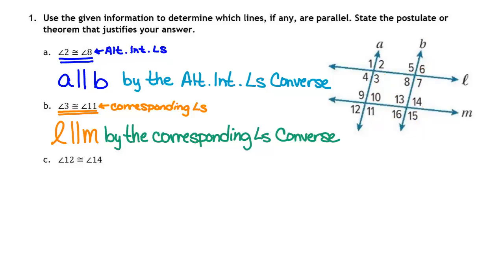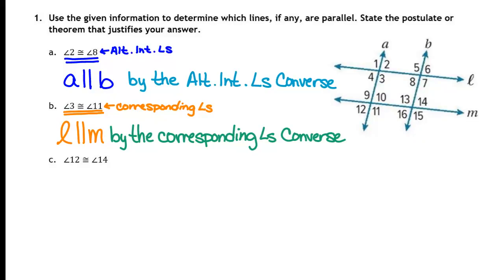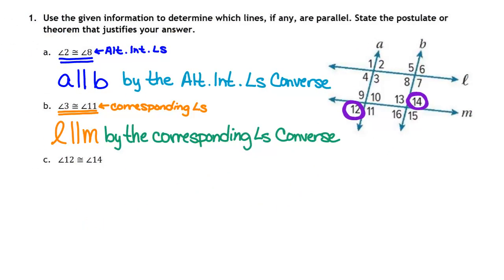All right. Let's look at part C. We have angle 12 and angle 14. Here's angle 12. Here's angle 14. What line do neither one of those angles touch? Does not touch L, so I'm going to totally ignore L while I do this problem.